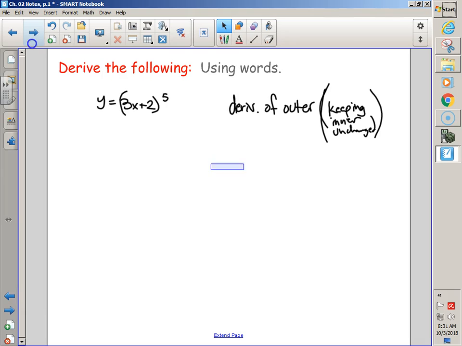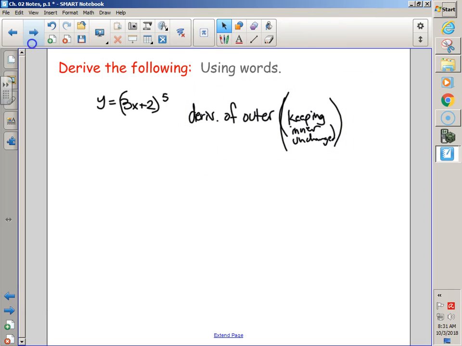Derivative of the outer, of the inner unchanged, times derivative of the inner. Derivative of the outer, keeping the inner unchanged, times derivative of the inner.